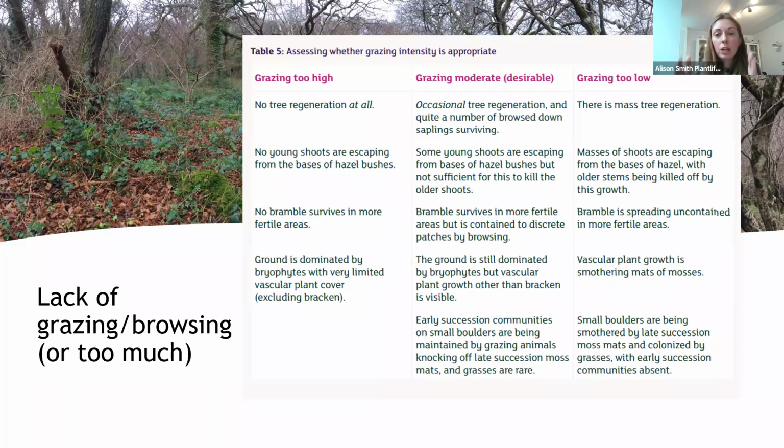So what we're looking for is a bit of a compromise. So a little bit of tree regeneration. We might have some patchy areas of bramble. The ground we would want to see being dominated by bryophytes, but still with some vascular plant growth. So it gives you a little bit of an idea about how to assess that.